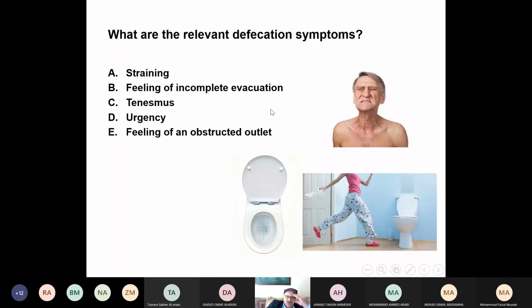How do we feel the desire to defecate? We feel the desire to defecate when there is increase in the intraluminal pressure in the rectum and the lower colon, perhaps part of the sigmoid, with variability between people.